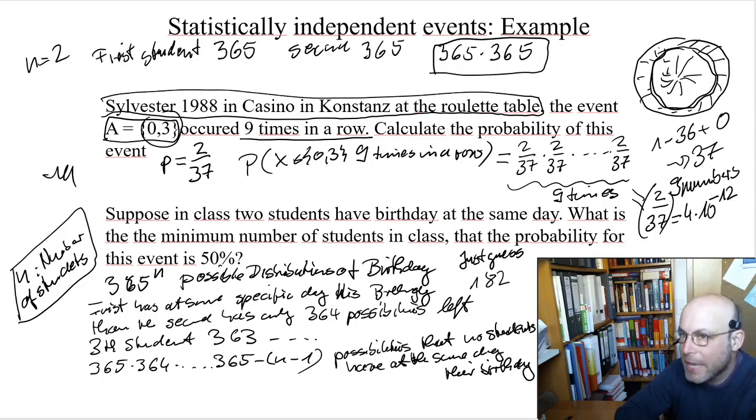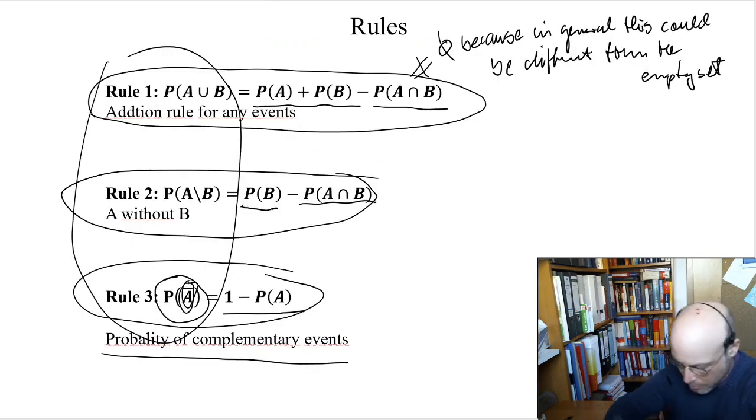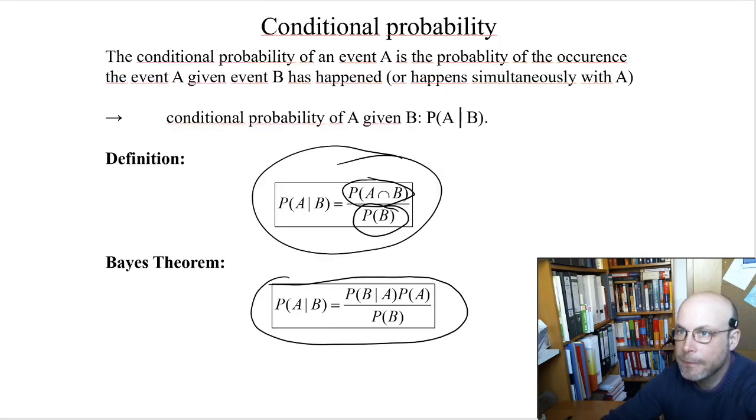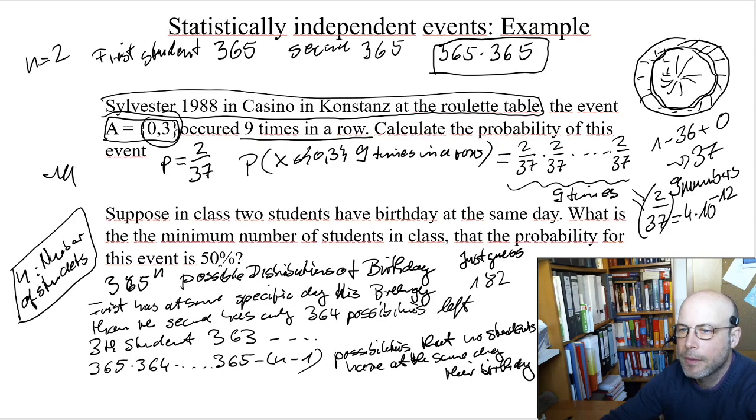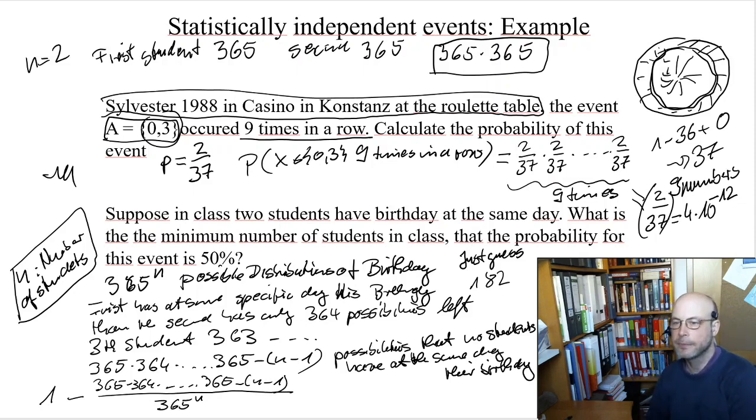So the probability that two students have their birthday on the same day is then, and there we take again the formula from the complementary event, 1 minus 365 times 364 times, and so on, up to 365 minus n minus 1, over 365 to the power of n.